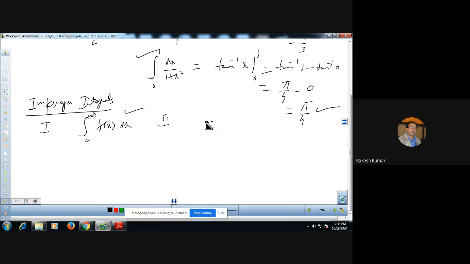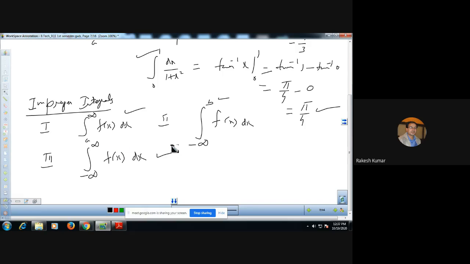The second case is when the lower limit is infinite but the upper limit is finite. This is another case of improper integral. Now, the third case is when we have both limits infinite, that is integration from minus infinity to infinity of f of x dx.